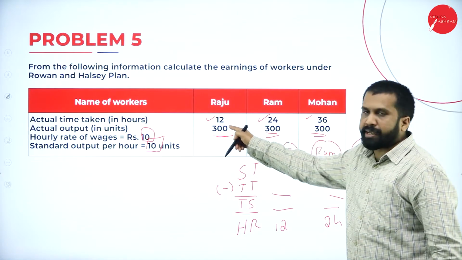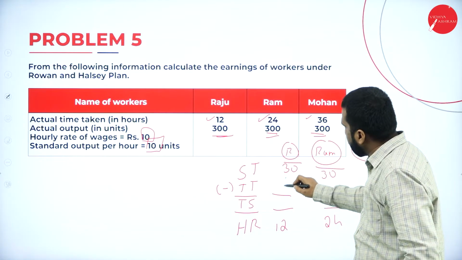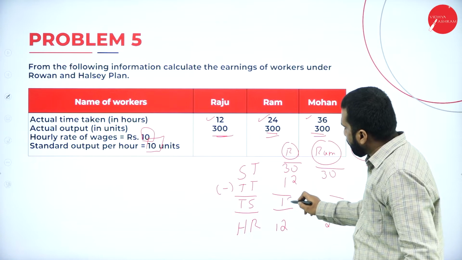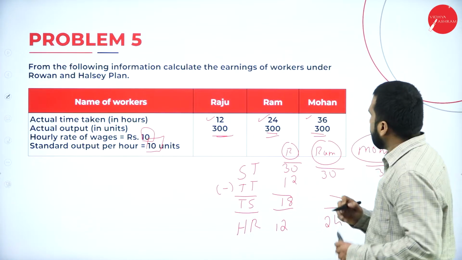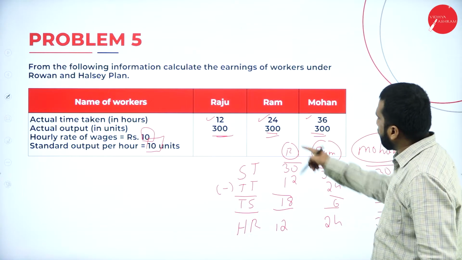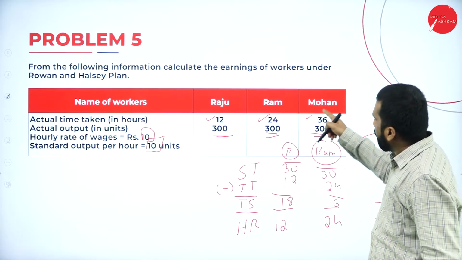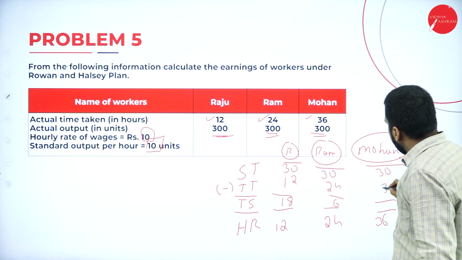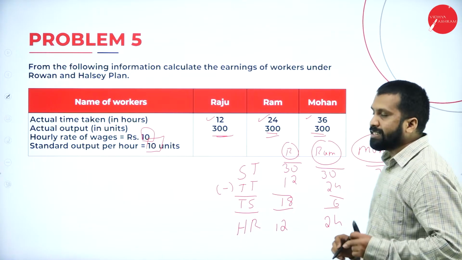What is the time taken by Raju? By Raju it is 12 hours. So 30 minus 12, time saved is 18. Similarly, 30 minus 24, time saved is 6 for Ram. Similarly for Mohan, 30 minus 36, time saved is 0.